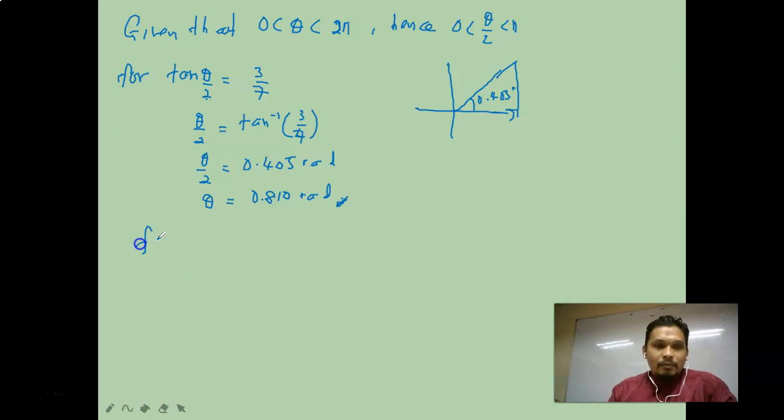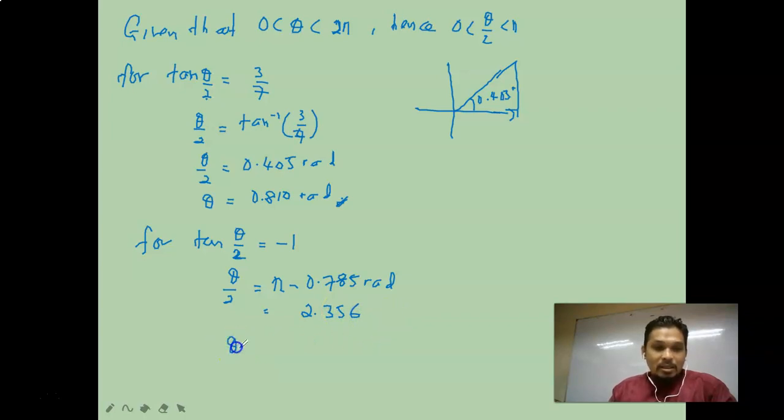And then for tangent theta over 2 equals negative 1, theta over 2 equals arctangent of negative 1 equals pi minus 0.785 radian, or it is 2.356 radian.